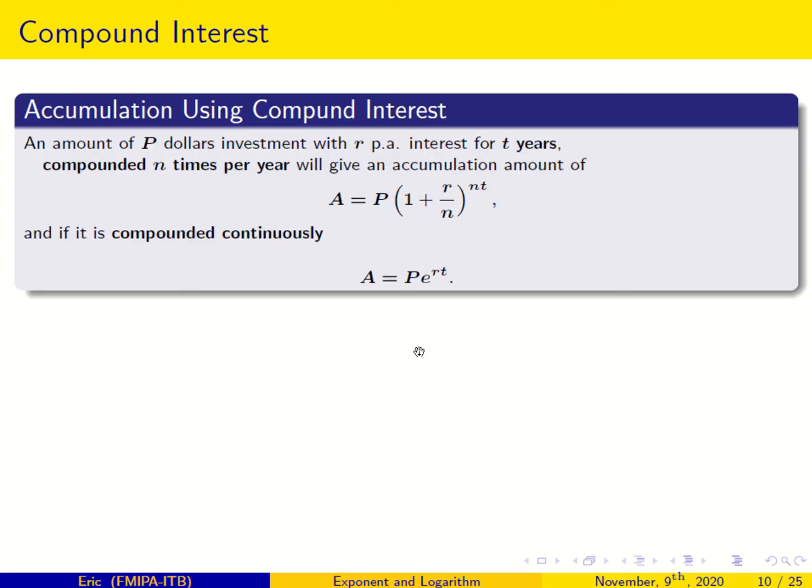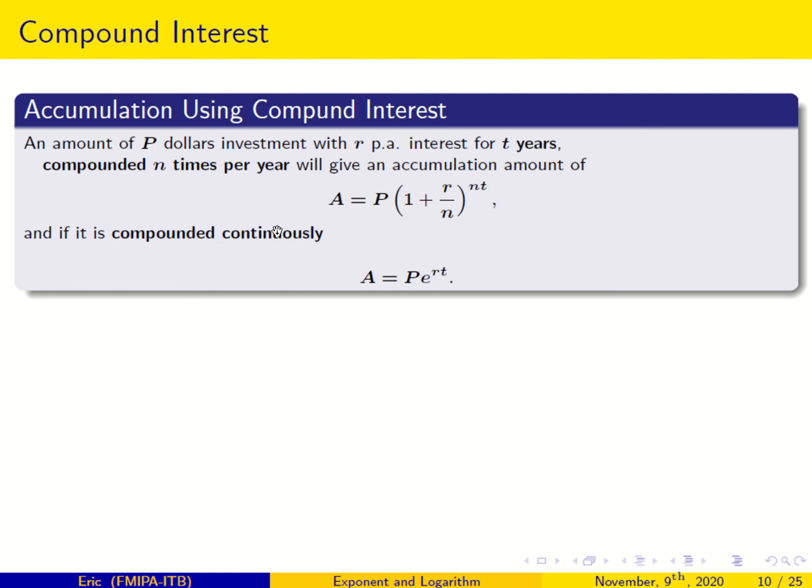So in general, the accumulated amount for t years is the principal times (1 plus r over n) to the power nt. Don't forget, this should be decimal. n is the period of conversion. We usually say how many times it is compounded in a year, and t is how many years you want to have the investment.